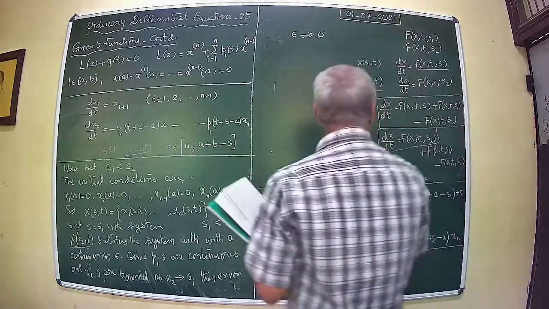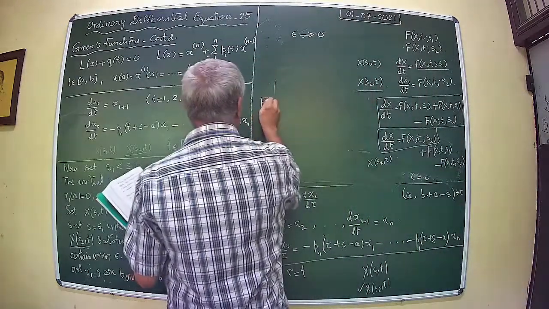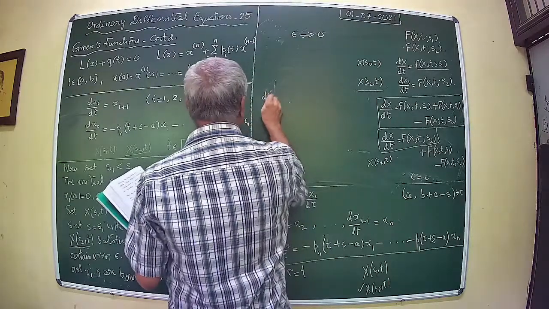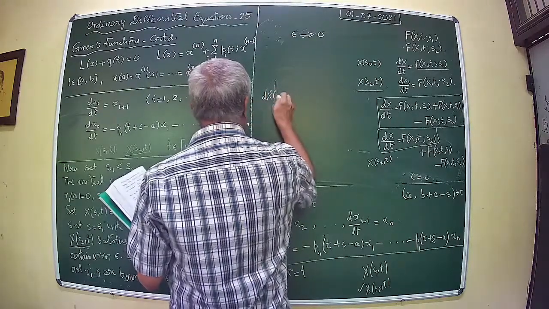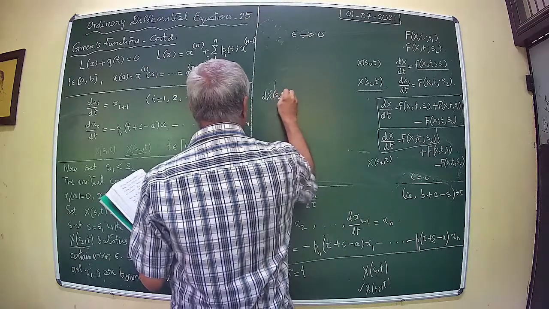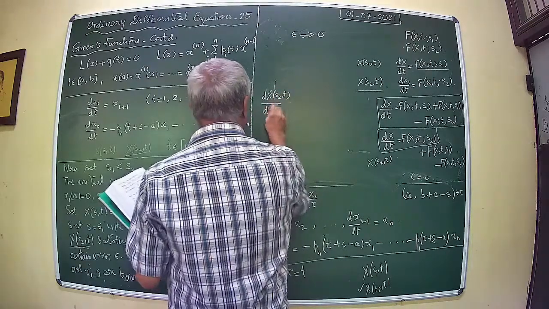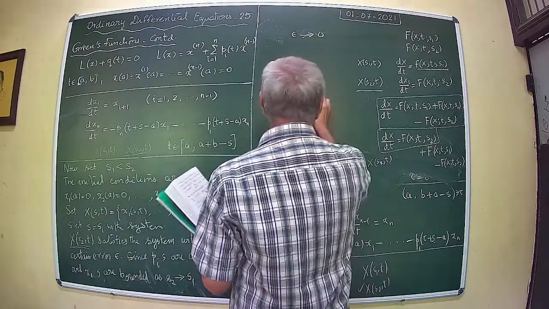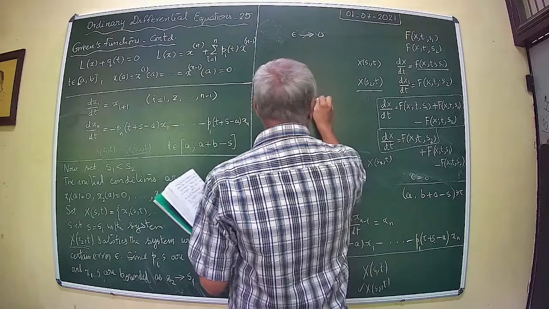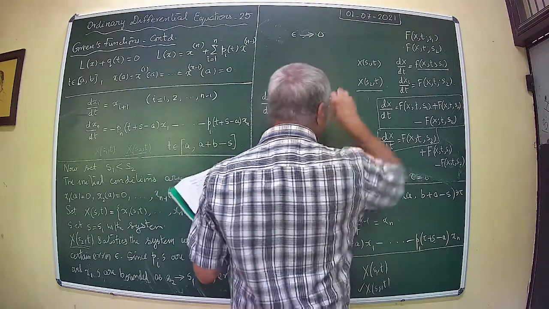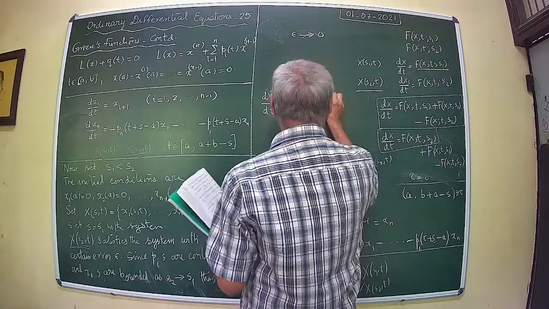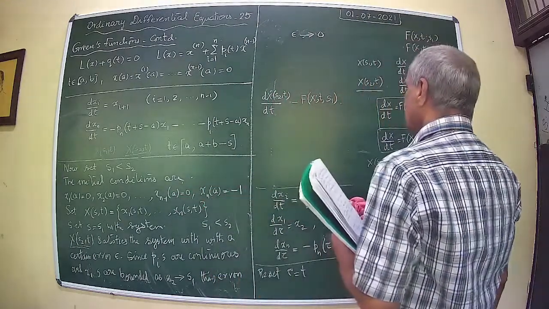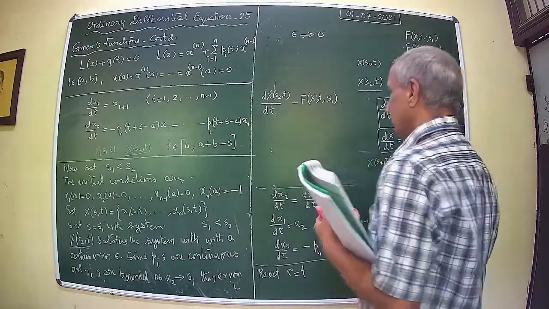So you see that f of dx(s2, t)/dt minus f of x(s2, t) I will be taking.